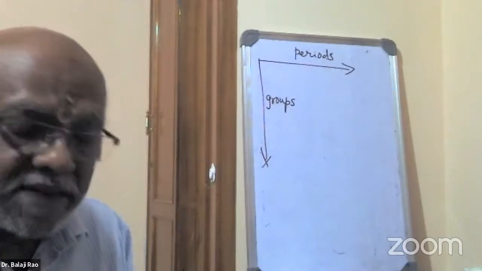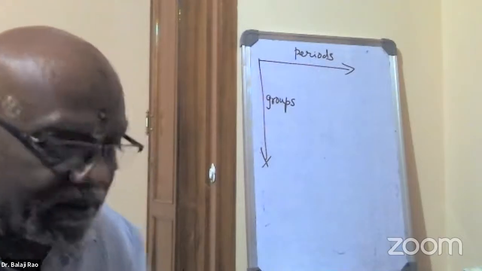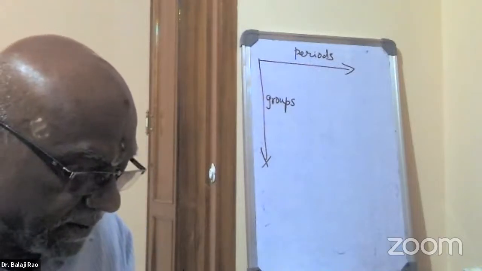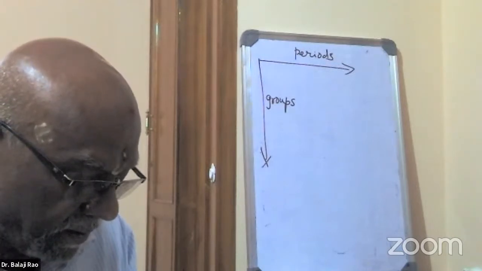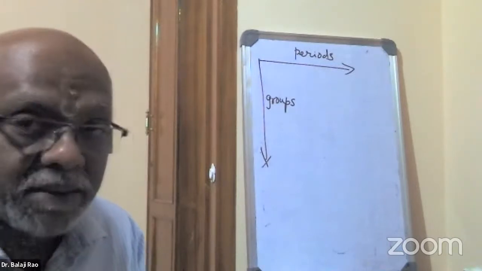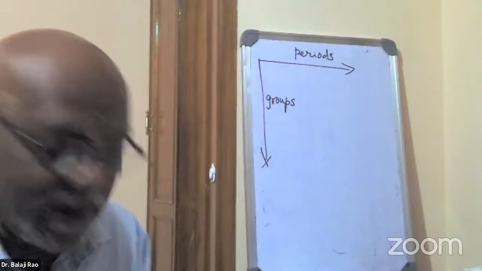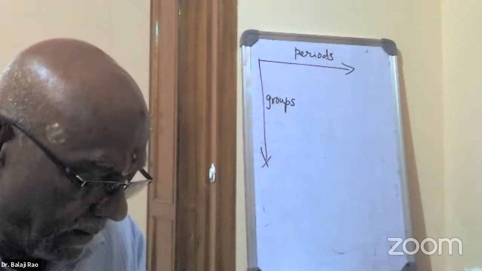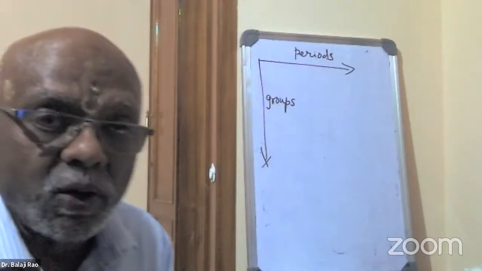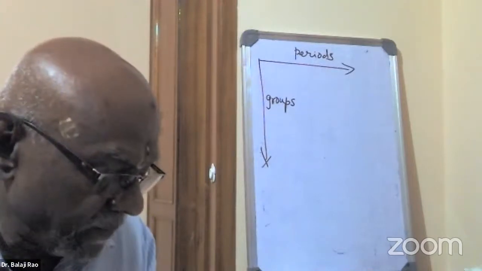But his achievement was he could predict the presence of an element called gallium. He did not know the name gallium. He called it similar to aluminium, and it was called eka aluminium. Eka means similar to.